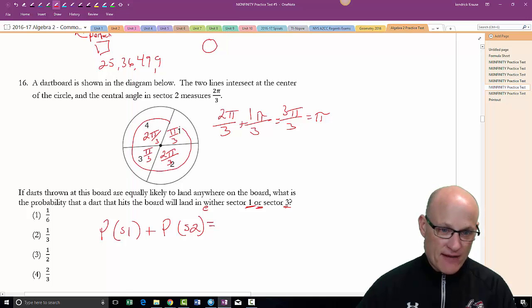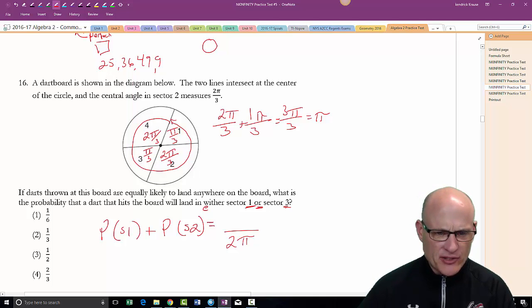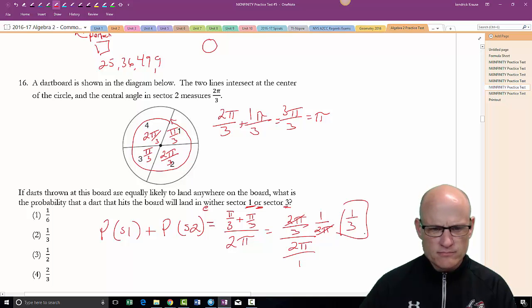The whole thing is 2 pi. Now, if I just take these pieces, that's sector 1 or sector 3. If I add those up, that gives me pi over 3 plus pi over 3. So this becomes 2 pi over 3 all over 2 pi over 1, multiply by 1 over 2 pi. The 2 pi's cancel, and I end up with 1/3.